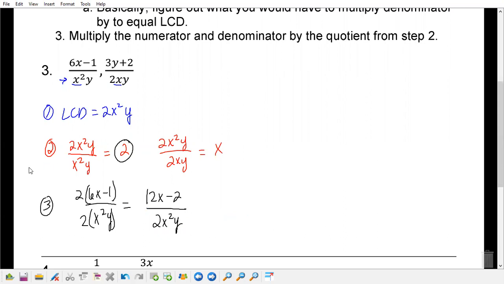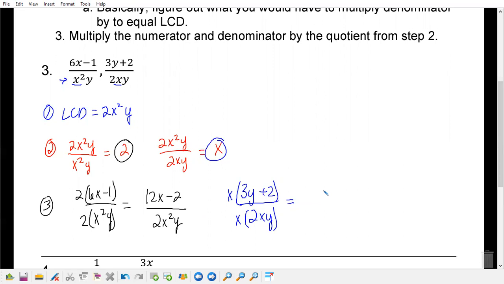Okay, now I'm going to do the next one. So I have 3y plus 2 over 2xy. The quotient that I got from dividing the LCD by the denominator was x, so I'm going to multiply numerator and denominator by x.